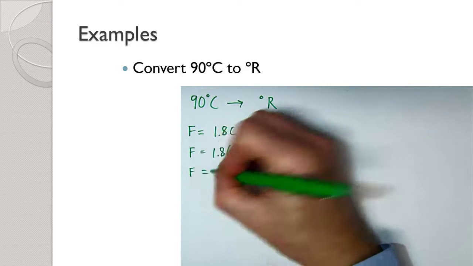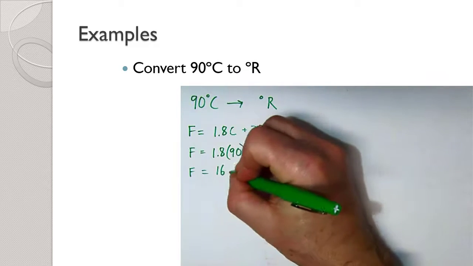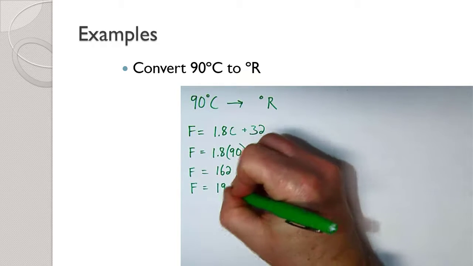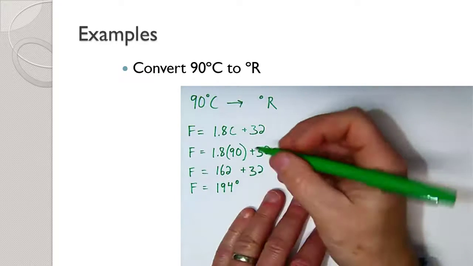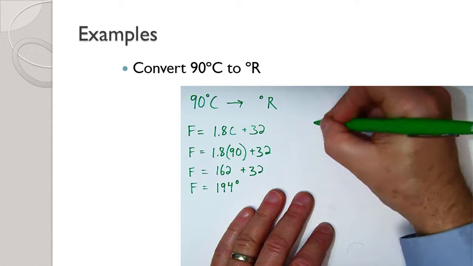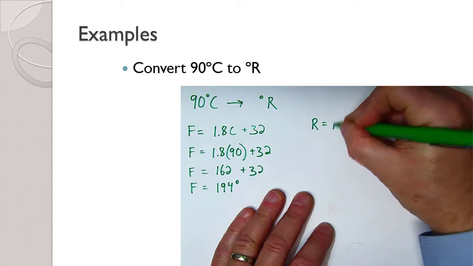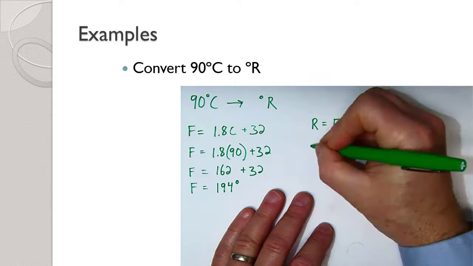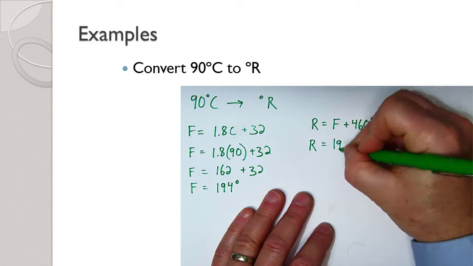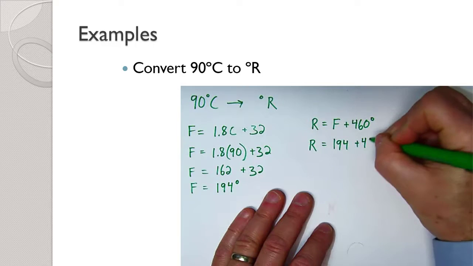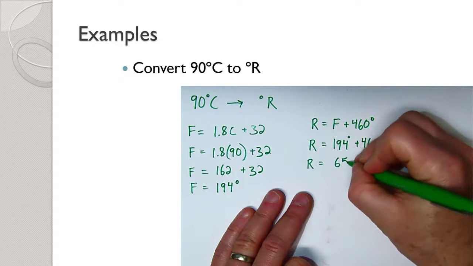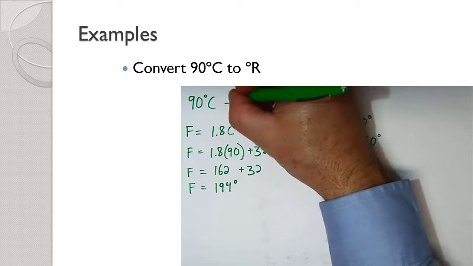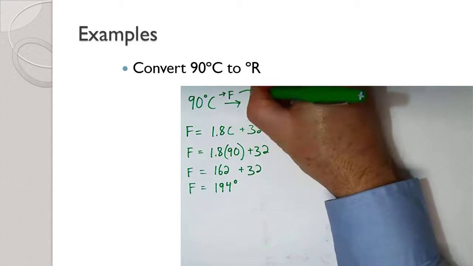That means our Fahrenheit temperature is going to be 162 plus 32, or in other words, 194 degrees. And now we can go from Fahrenheit to Rankine because the Rankine temperature is simply the Fahrenheit temperature plus 460 degrees. And so our Rankine temperature will be 194 plus 460, and that gives us 654 degrees Rankine. So we went from Celsius to Fahrenheit to Rankine.